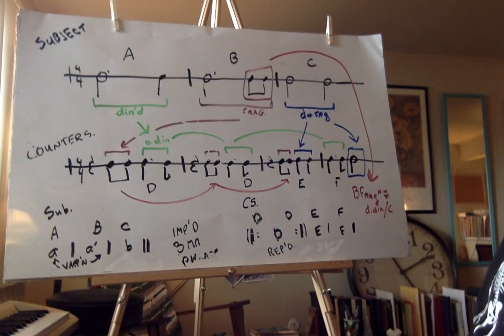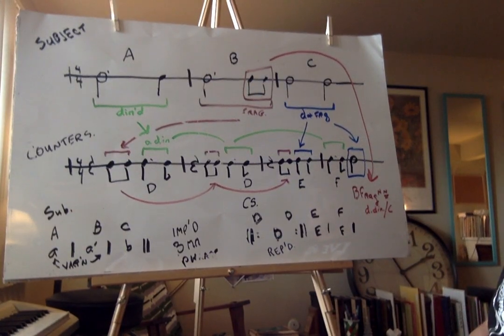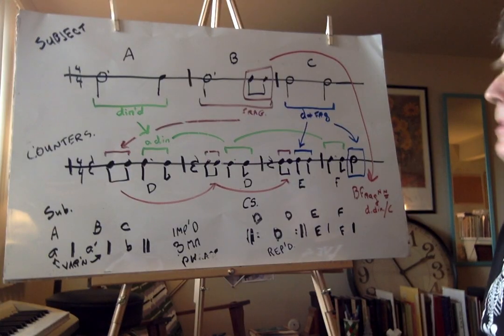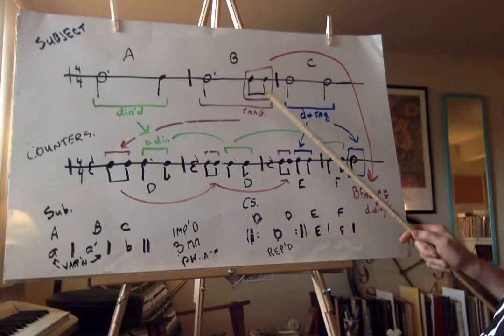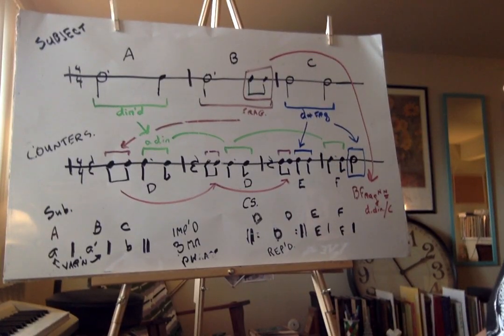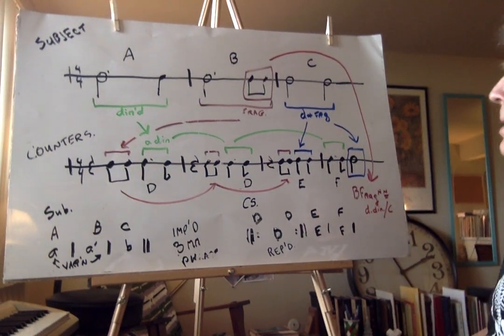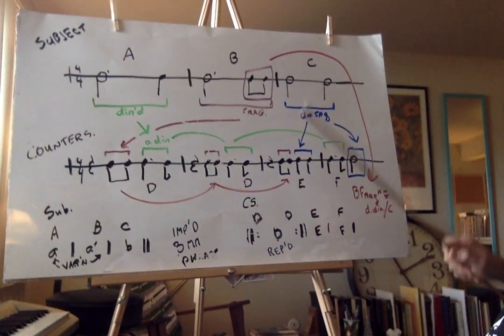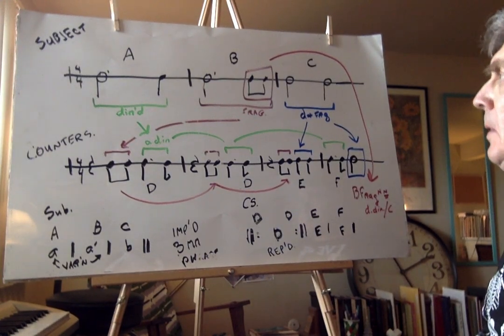They both start with a dotted half note, and then in A you have a quarter note on the fourth beat of the first measure, and then on the last beat of B, you can think of this as being broken into two eighth notes. Okay. And in C, you have two half notes.